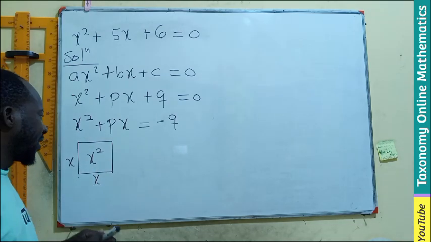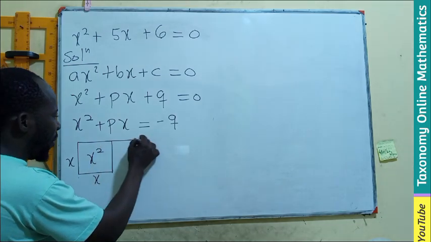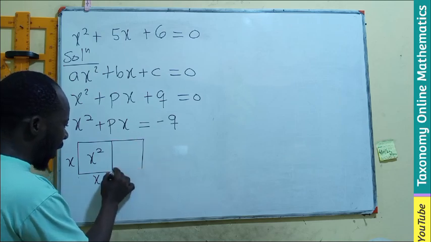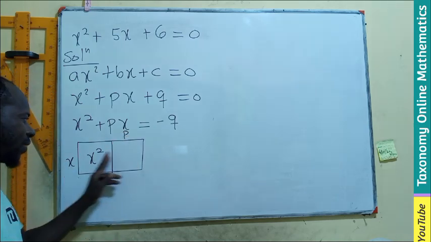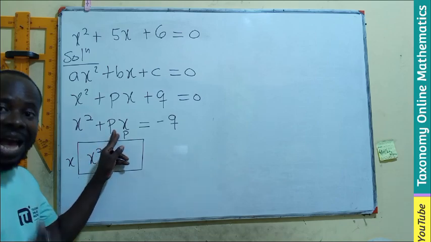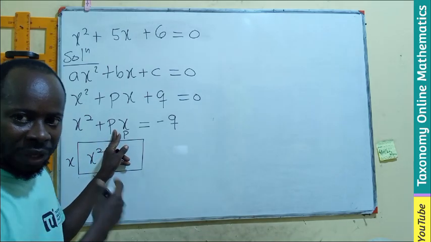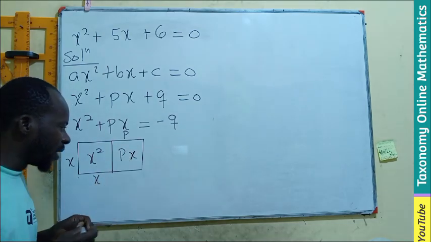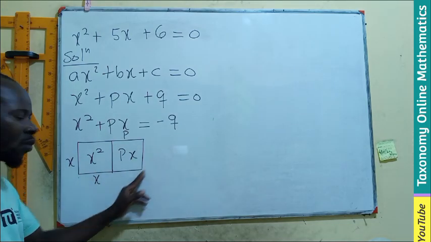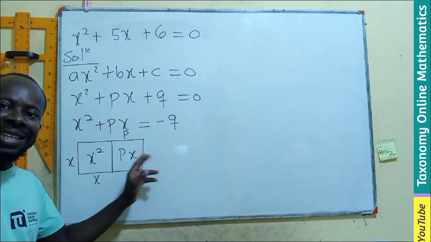For the second part, if I introduce a p also, p times x will give me px as the product, which becomes the area. Now, I'll have my px here. But this is no more a square. This is now a rectangle.